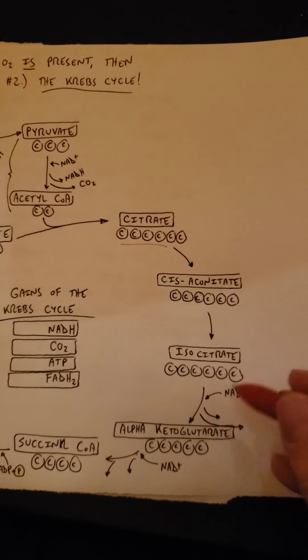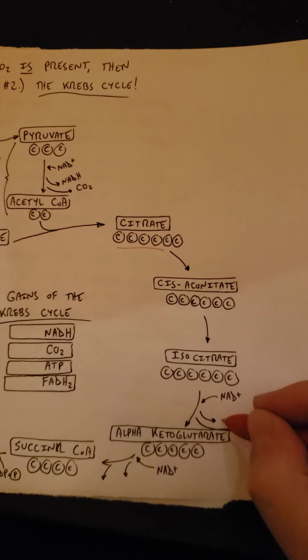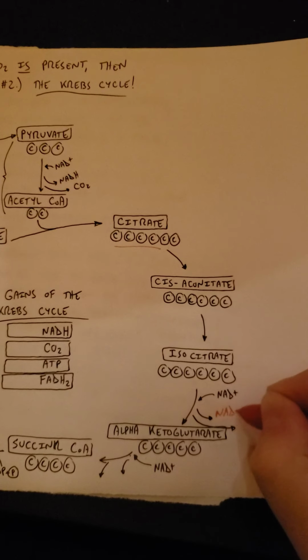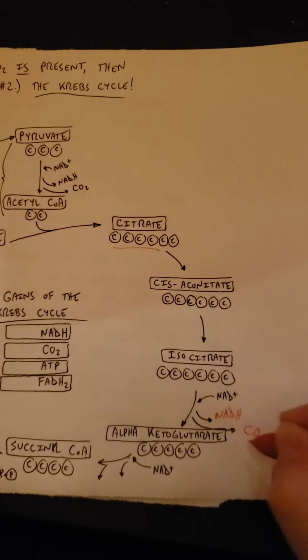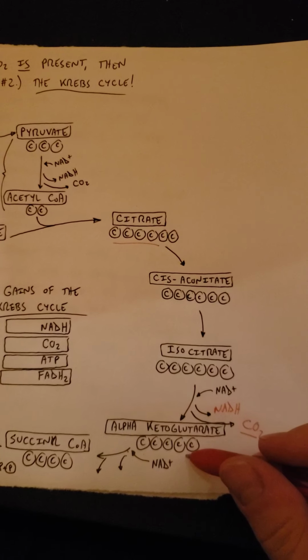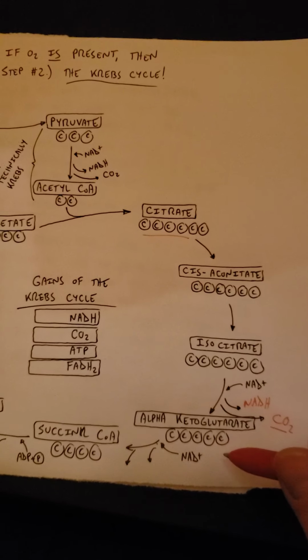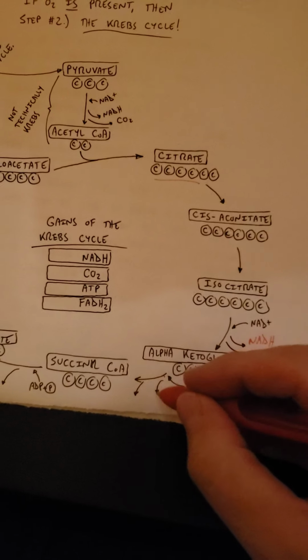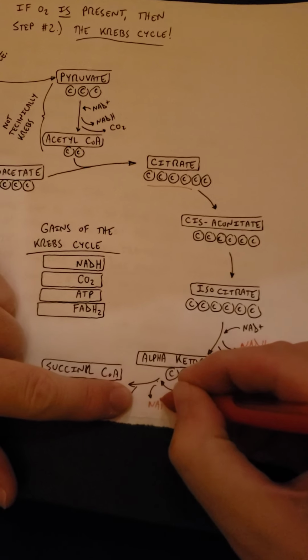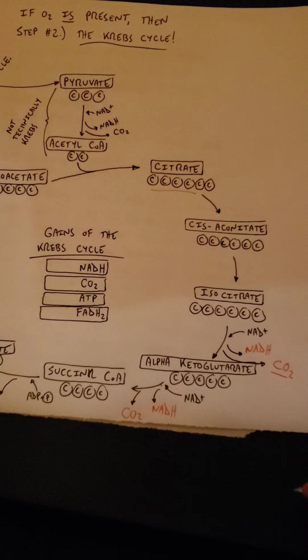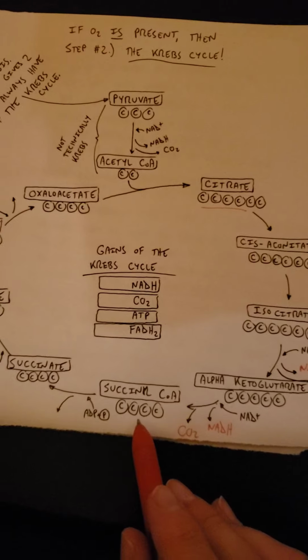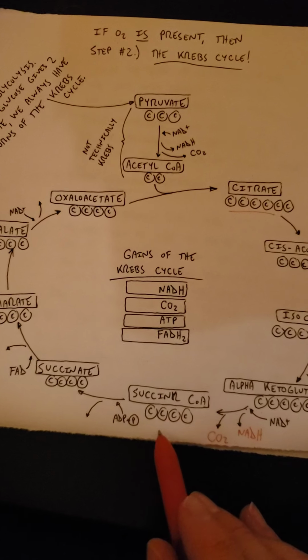In between these steps, we have an NAD+ molecule being used to give us NADH. And we have CO2 produced because we're going down in carbons to 5-carbon alpha-ketoglutarate. Same thing here. We're going to create NADH, and we're going to create CO2 before we get to 4-carbon succinyl coenzyme A.